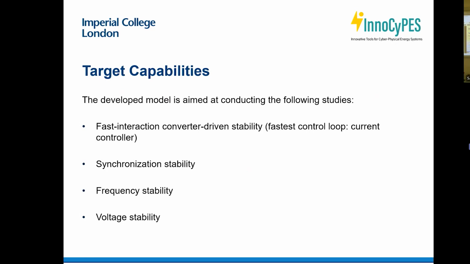The average model is used for the inverter, but the other parts of the control, from the current controller as the fastest to secondary frequency control as the slowest, are implemented in detail in the Simulink environment. It can be used for synchronization stability studies, either transient stability or small signal stability, and also for frequency stability and voltage stability.